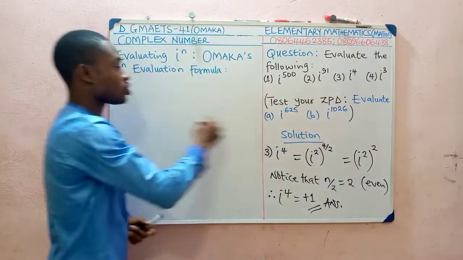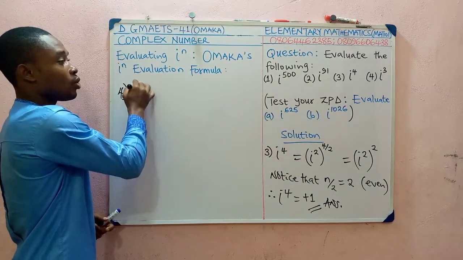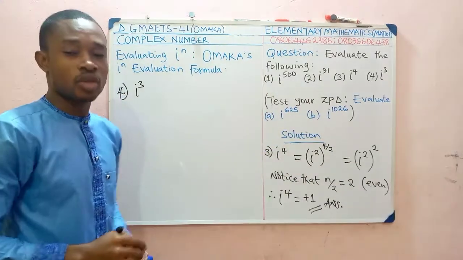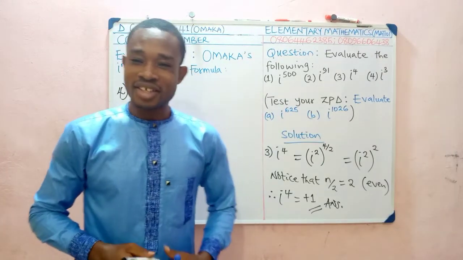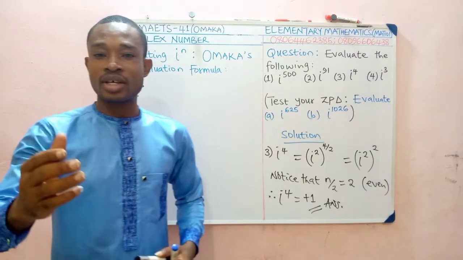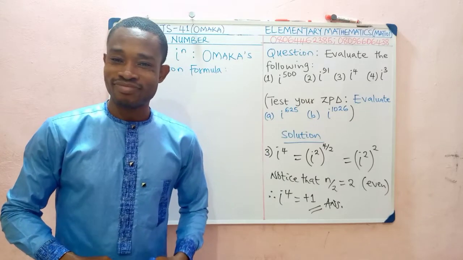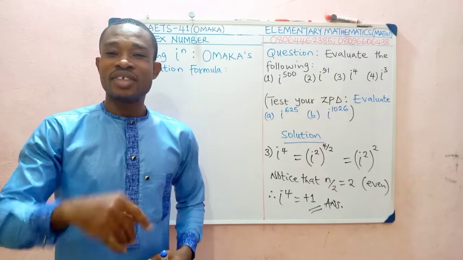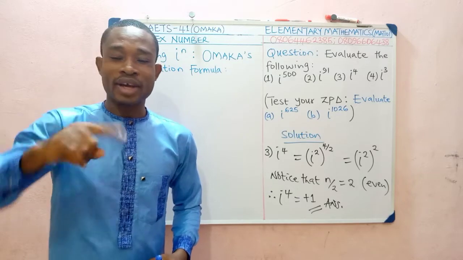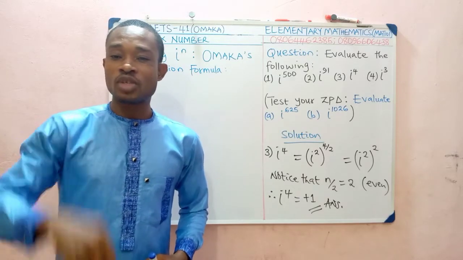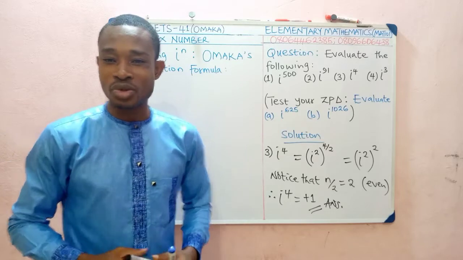The last part of the question, the fourth. We have to evaluate i raised to power 3. 3 is an odd number. So which i raised to power n evaluation formula are you going to use? We are going to use the i raised to power n equal to i bracket i squared close bracket raised to power n minus 1 all over what? 2.